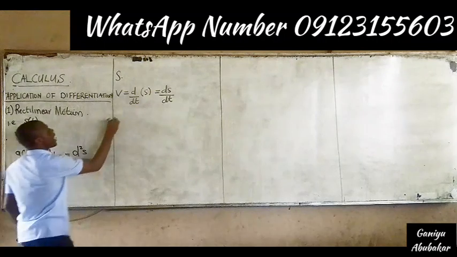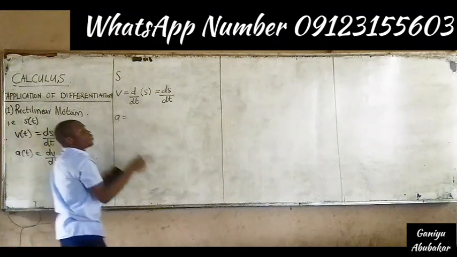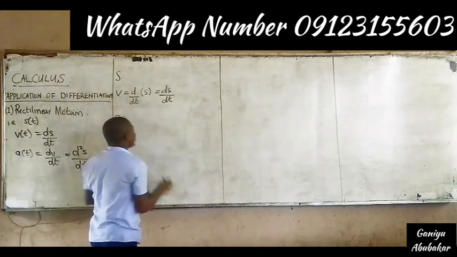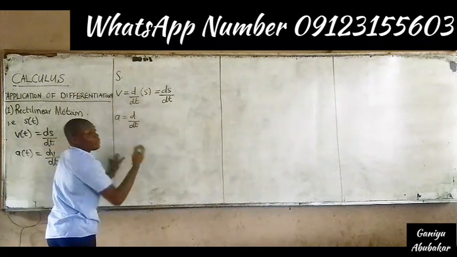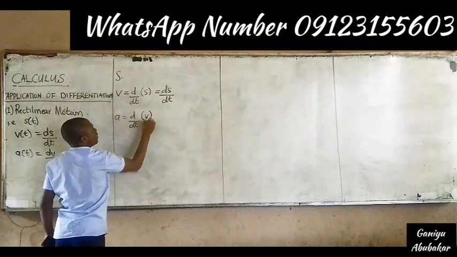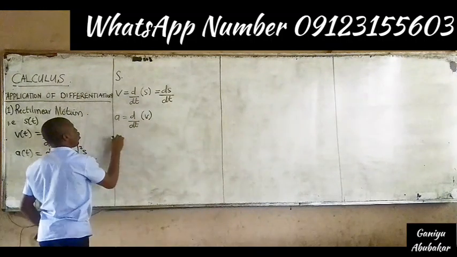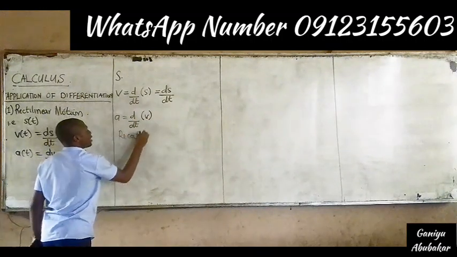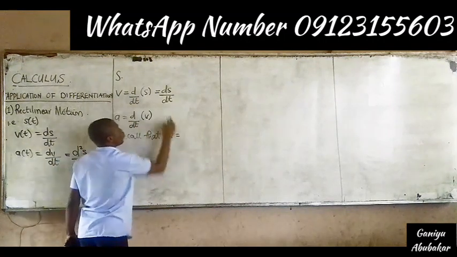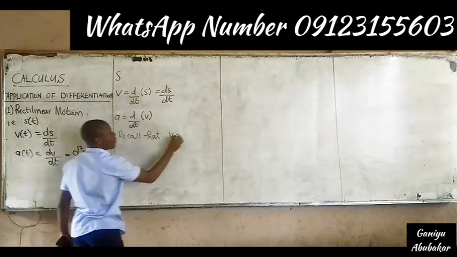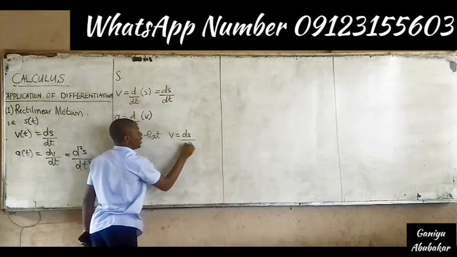Of course, we said acceleration is the rate of change of velocity. That becomes d over dt, the rate of change of the parameter of velocity. Recall that we just said velocity is equal to dx over dt.